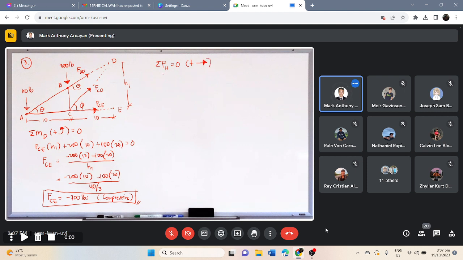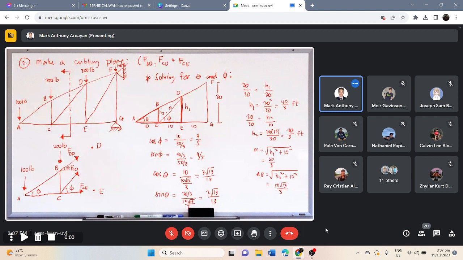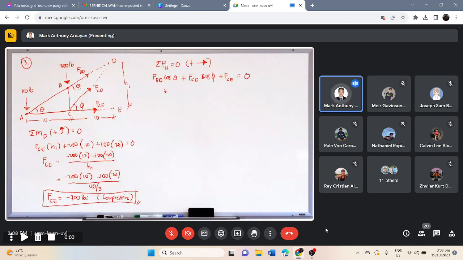We have FBD cosine theta, then plus FCD cosine phi, plus FCE, the other horizontal force, equals 0. Our cosine theta is 3 square root of 13 over 13 FBD.